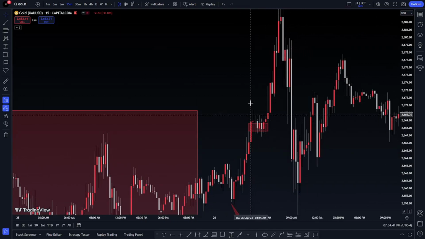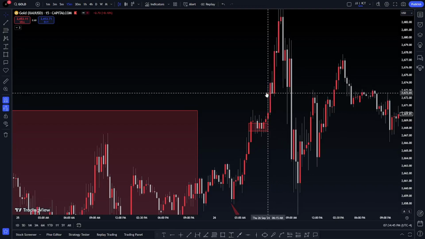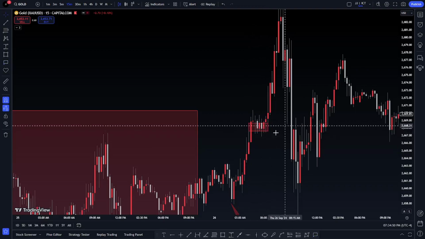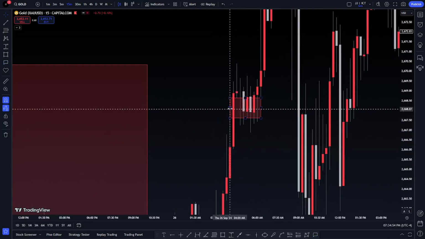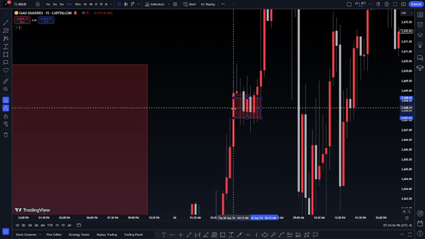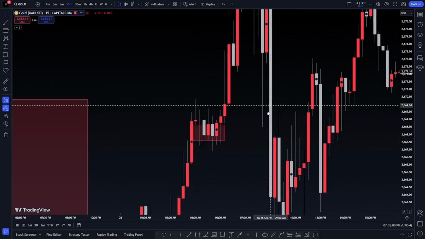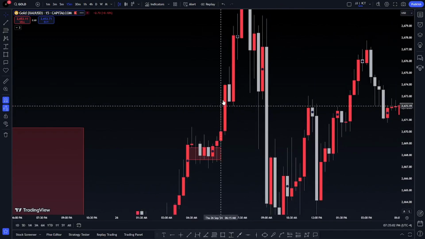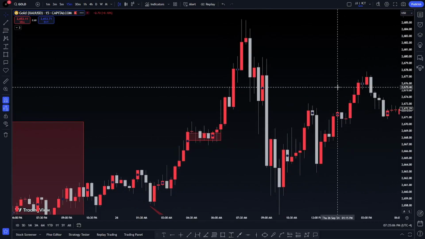And I'm sure there's the second stage of reaccumulation right in that little area, I think right along there. But this is your first stage of accumulation into that fair value gap. That's your first stage of accumulation, and I'm sure your second one was around here somewhere, right around there.